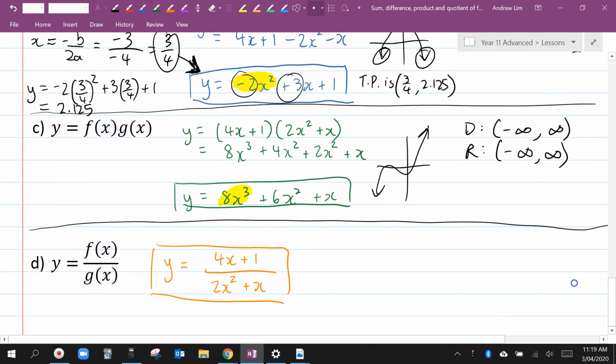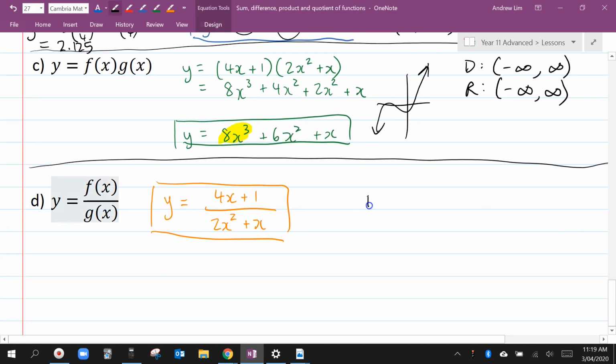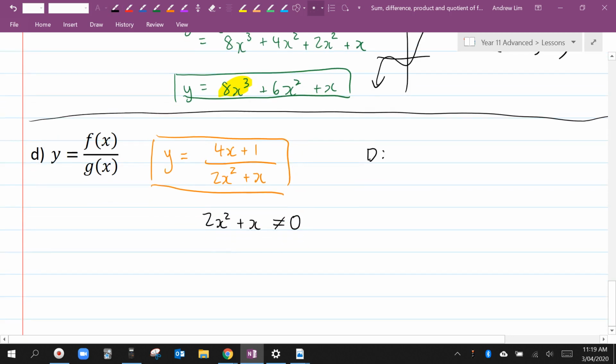And for question D, I only want you to work out the domain, which means that the denominator cannot equal 0 because we cannot divide by 0, we will get an error. So I'm just going to factorize this out. Therefore, x cannot equal 0 or negative half.